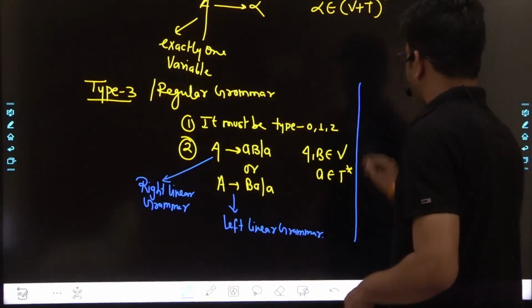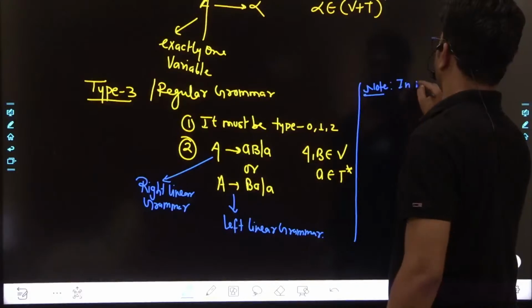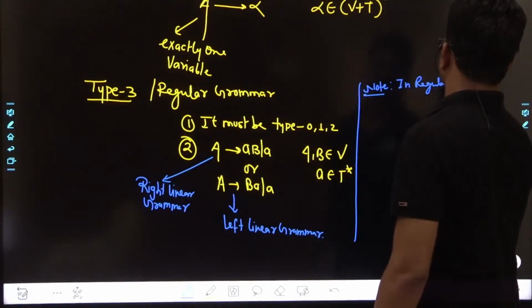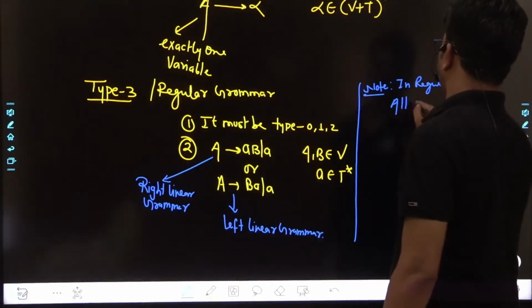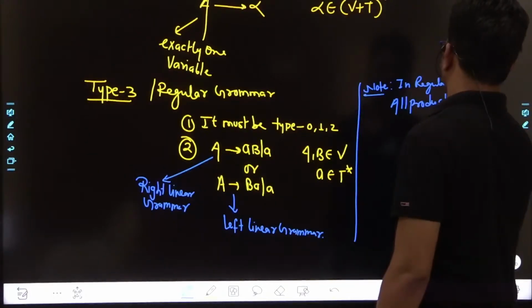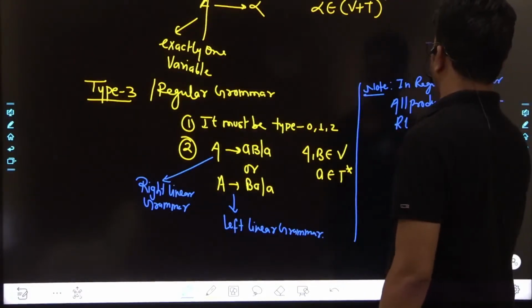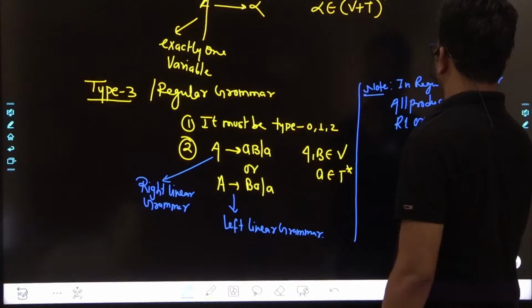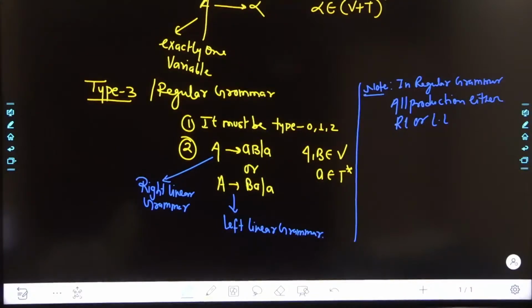Another important point to note: in regular grammar, either all productions are right linear or all are left linear. The power of right linear and left linear are the same.